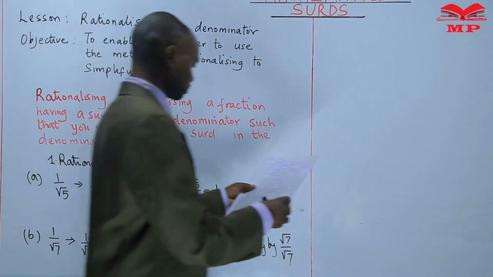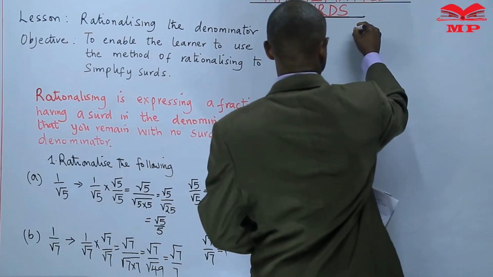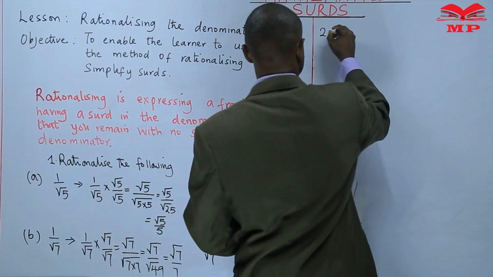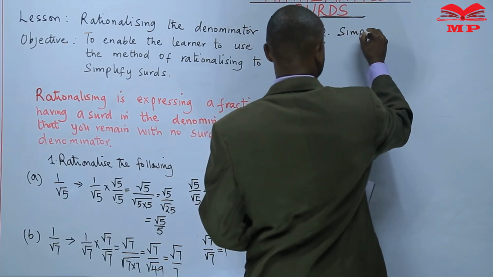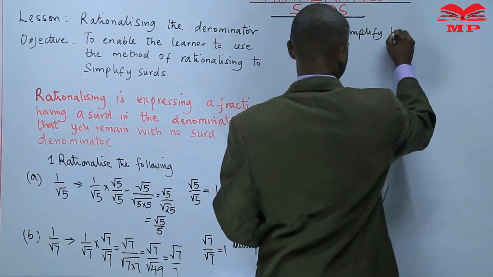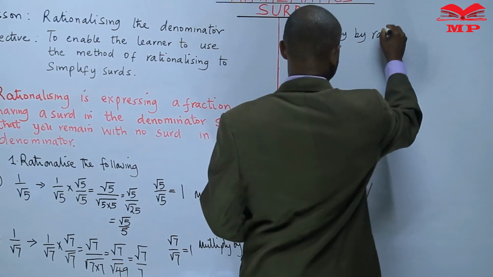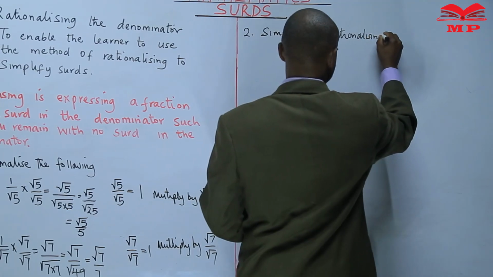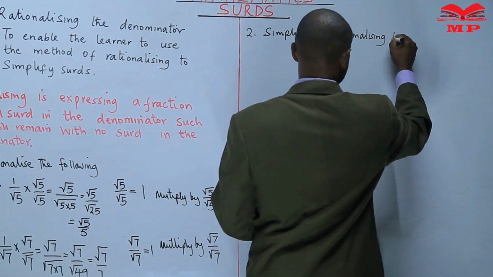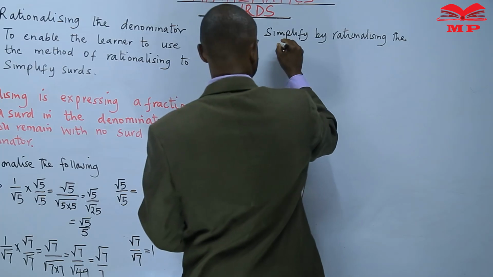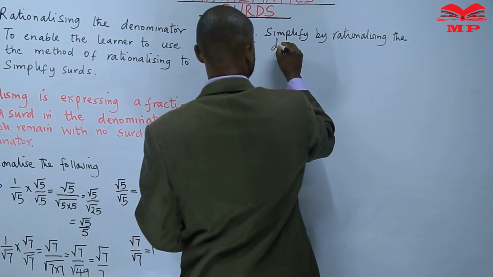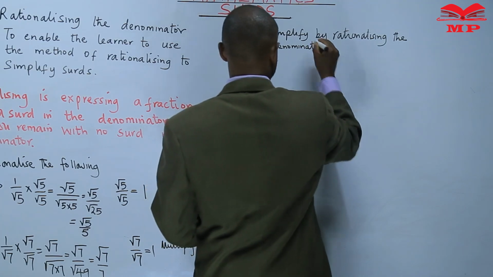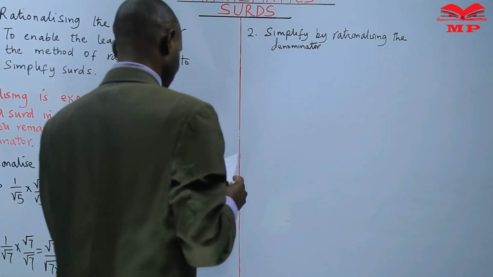In 2, you are told to simplify by rationalizing the denominator. Simplify by rationalizing the denominator.